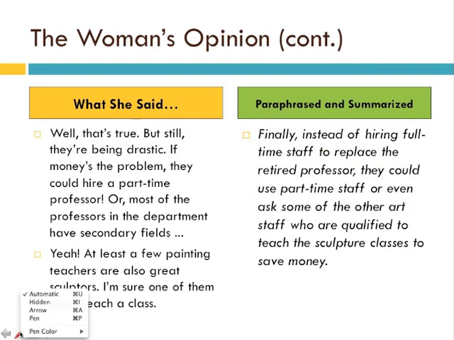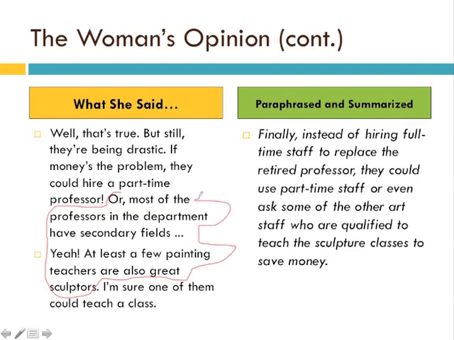Okay, notice in this example, when I tried to paraphrase, she spends a lot of time talking about the other professors in the department who are great sculptors and perhaps could teach these courses. Notice in the example on the right, I basically just mentioned the other art staff who are qualified to teach the sculpture classes.